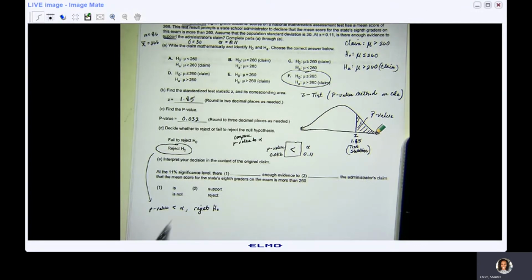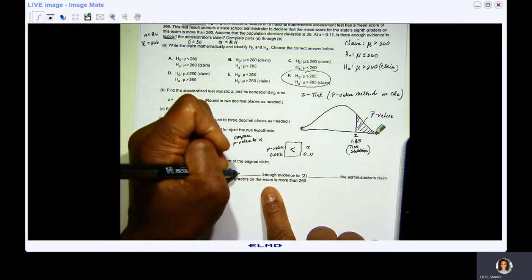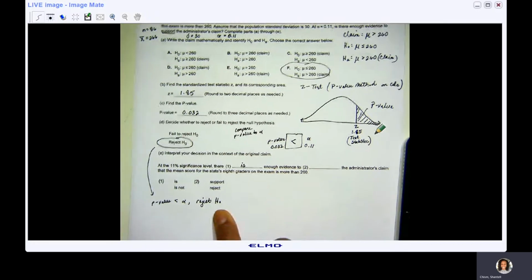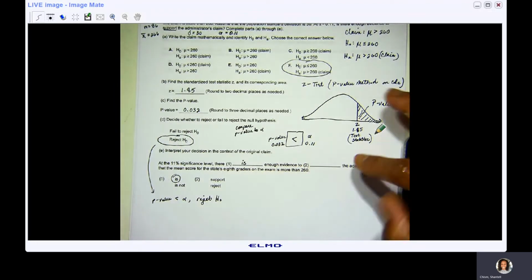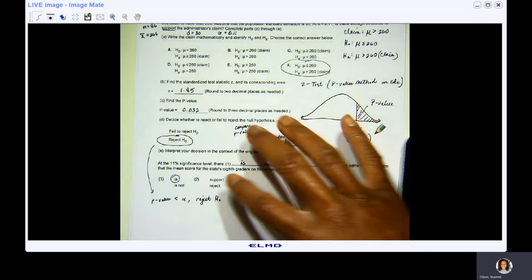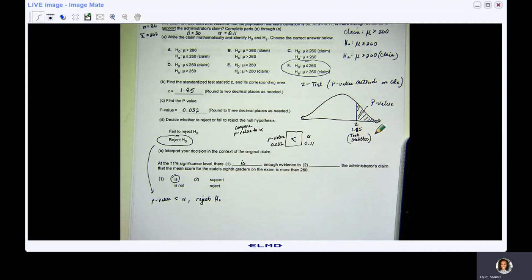So at the 11% significance level, when you reject, you say there is enough evidence to support the administrator's claim that the mean score for the state's 8th graders on the exam is more than 260.